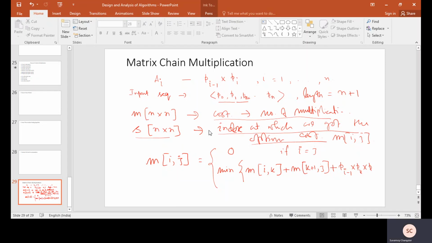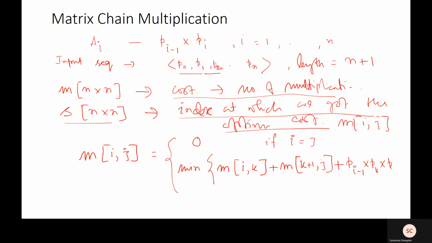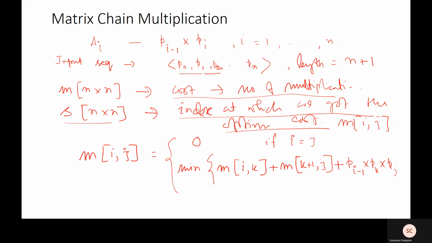Here k varies from i to j, so k is greater than or equal to i, and less than j.